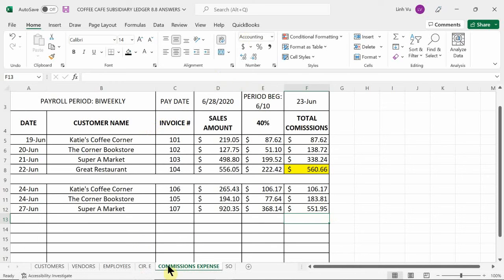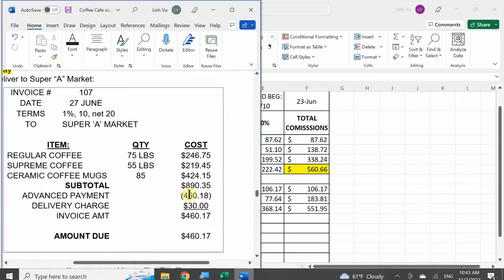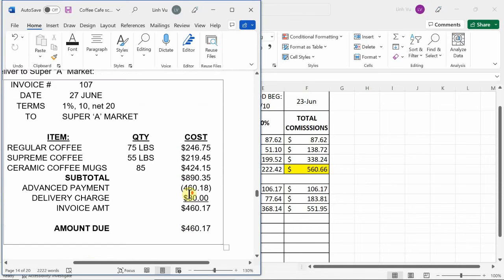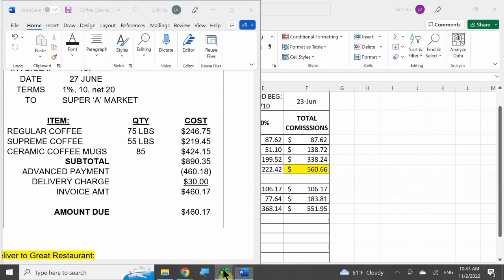So we did the journal, the ledger, the subsidiary ledger, and we gave Albert his commissions. Okay. So now we need to update the inventory because we got rid of more coffee.